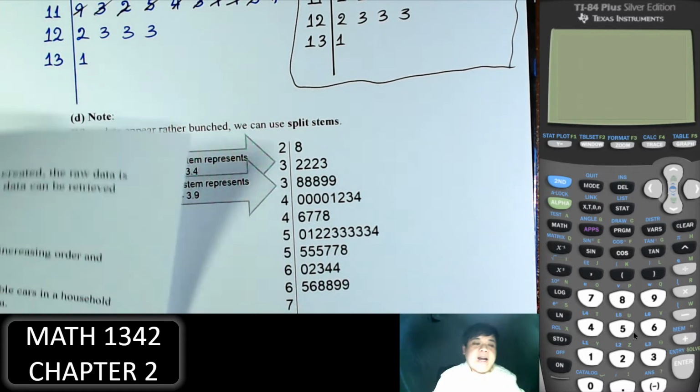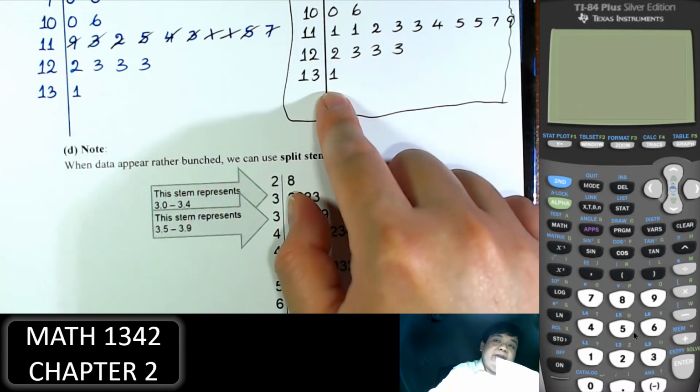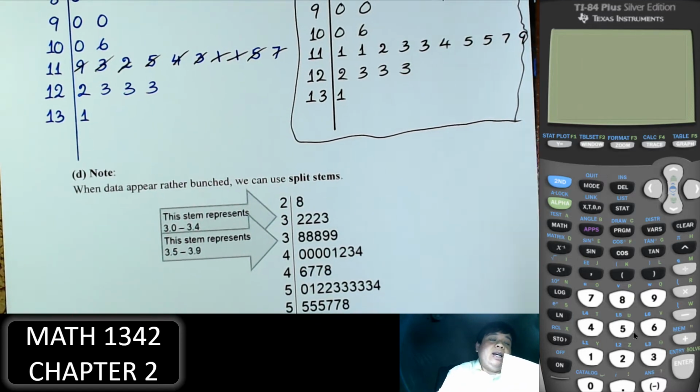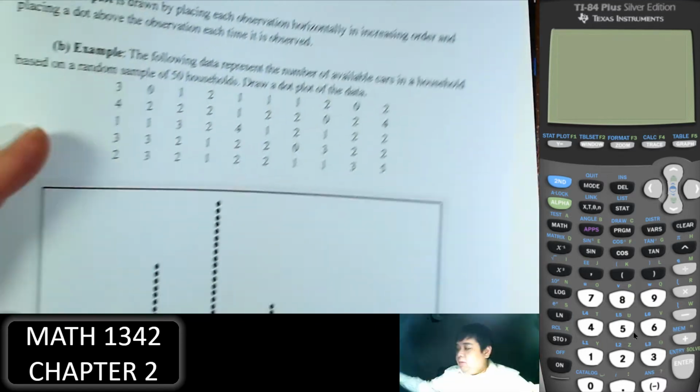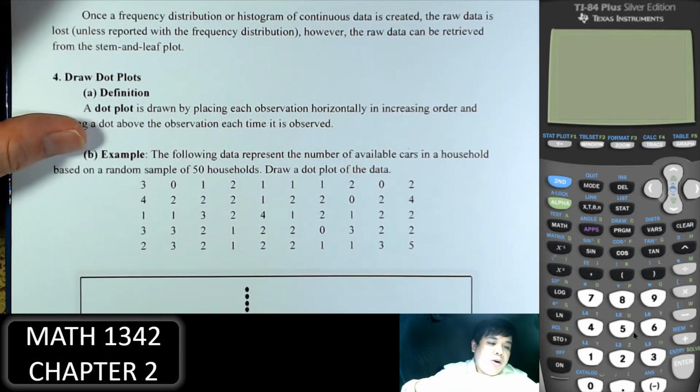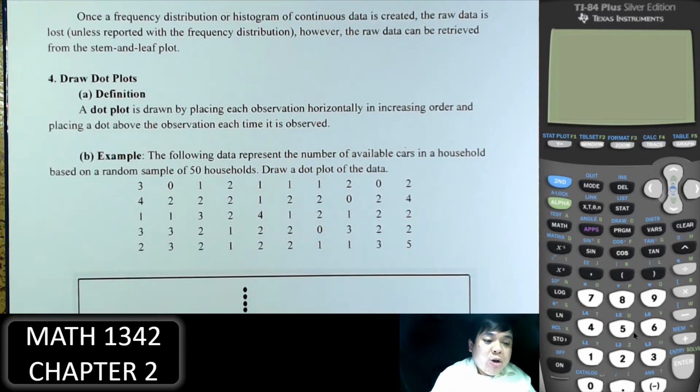So again, the stems and then the leaves. The leaves must be in increasing order. Once a frequency distribution or histogram of continuous data is created, the raw data is lost. However, the raw data can be retrieved from the stem and leaf plot.